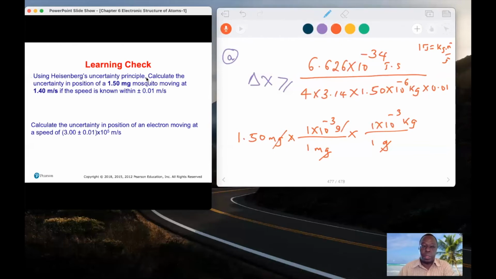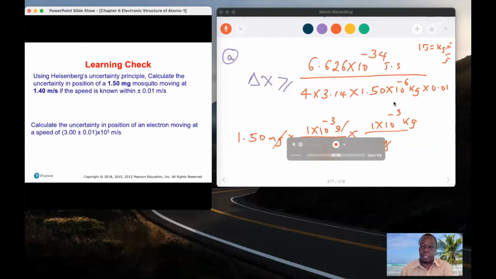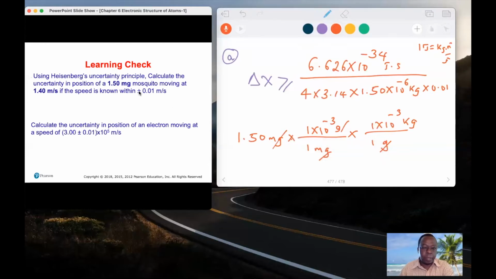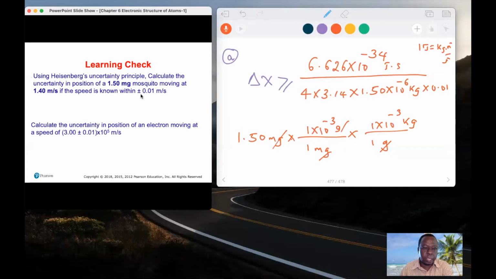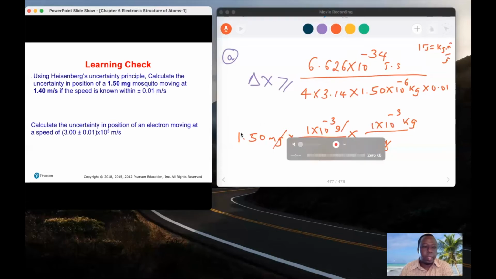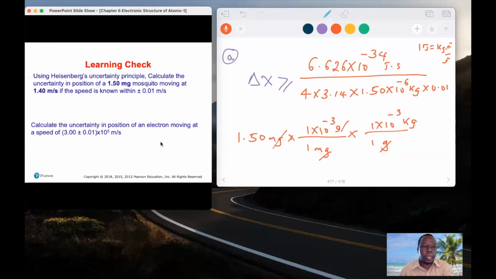So this mass is not what you will just plug in the way it is, but mass has to be in kg. Uncertainty in velocity, this is not a velocity. This is the uncertainty in velocity which is used in the equation.